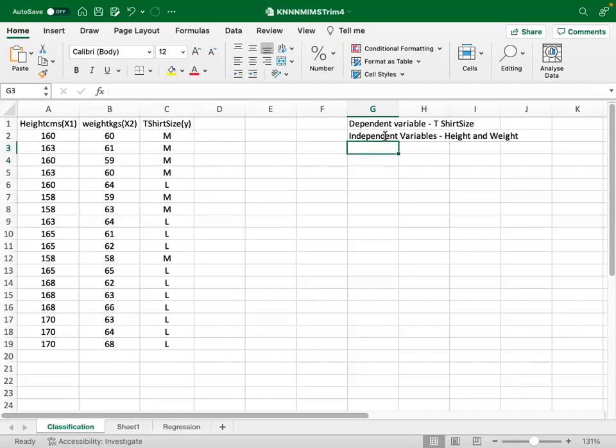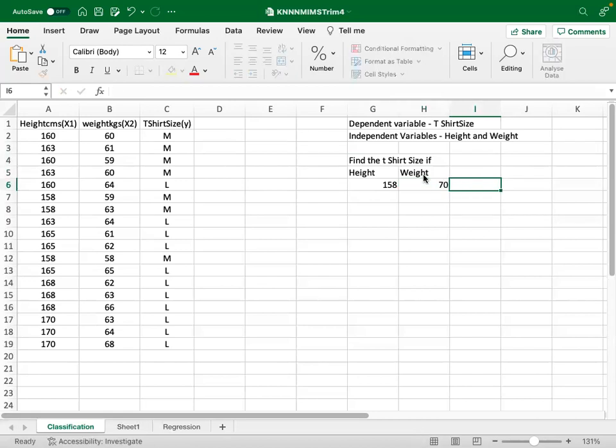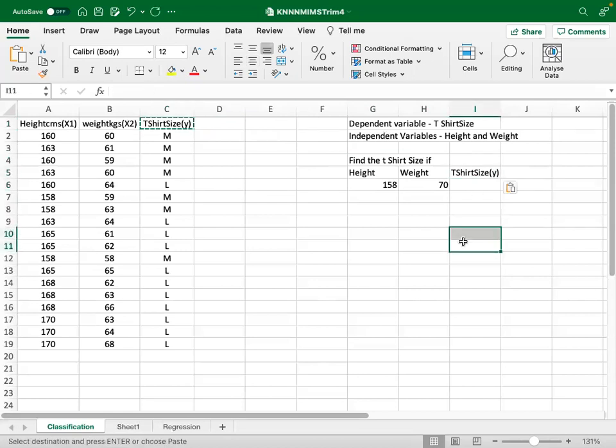Now, what we have to do is find the t-shirt size if the person's height is 158 centimeters and the person's weight is 70 kilograms. What t-shirt size should you recommend to that person?